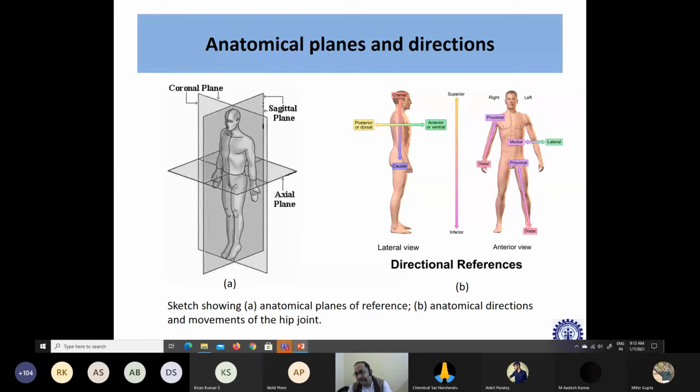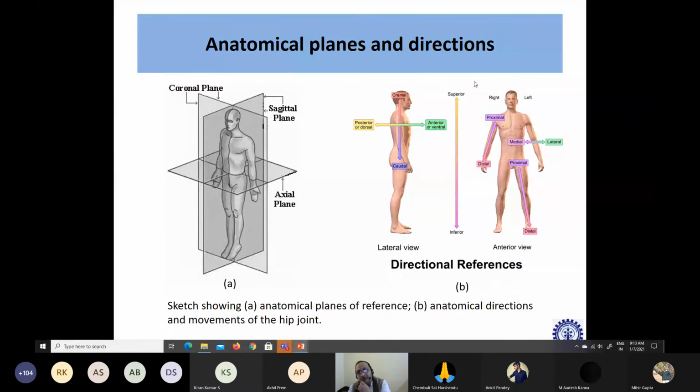Anything towards the midline is called medial. Anything away from the midline is opposite, called lateral. So anything towards the midline is medial, anything away from the midline is lateral.